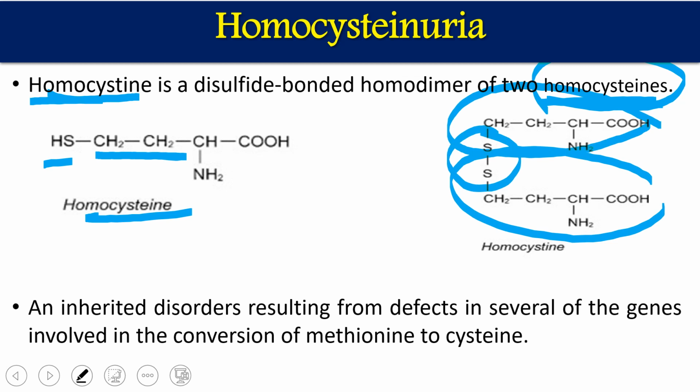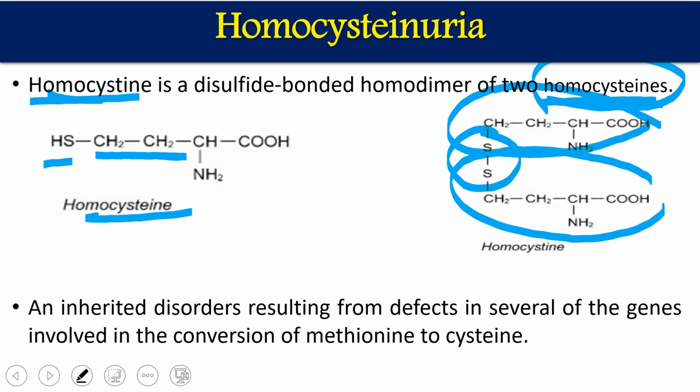So homocystinuria is caused by a defect in the gene in the methionine metabolic process, and it is an autosomal recessive disease. We require both alleles, one from each parent, for the disease to occur, and the occurrence rate is not very high: roughly 1 in 10,000 births.